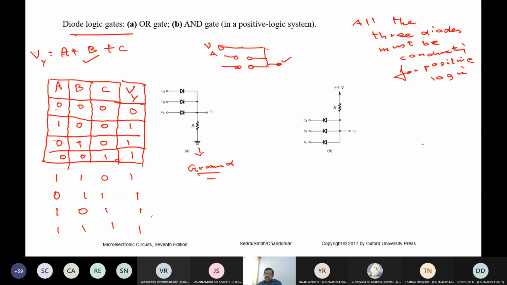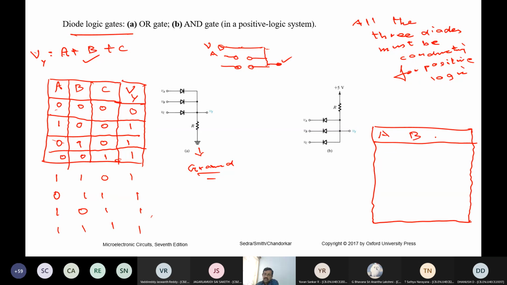So if I were to write this expression for the digital implementation, I will get an expression like this. A, B, C, Y, and 0, 0, 0, then you will get 0 output.